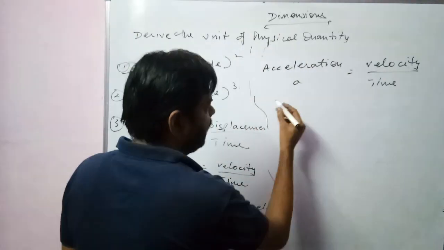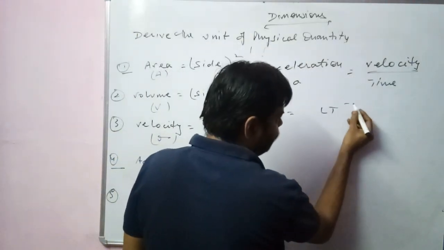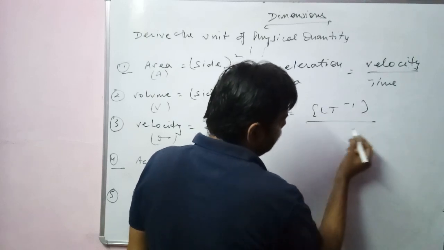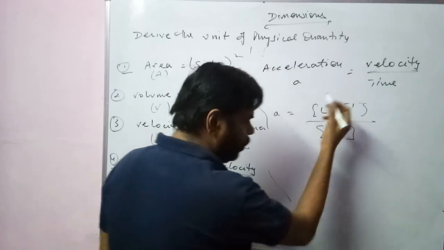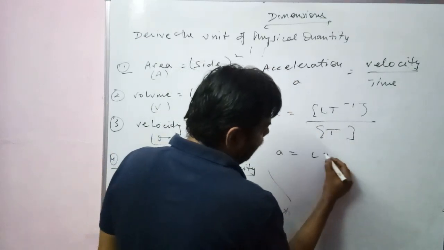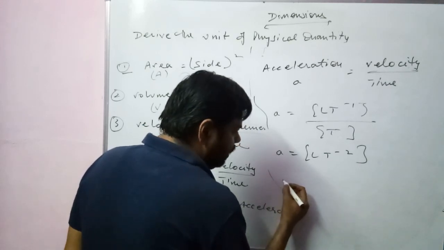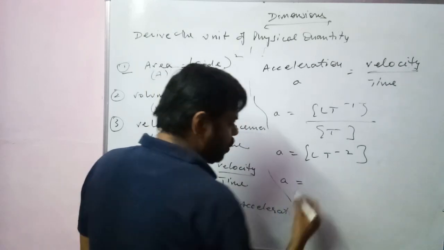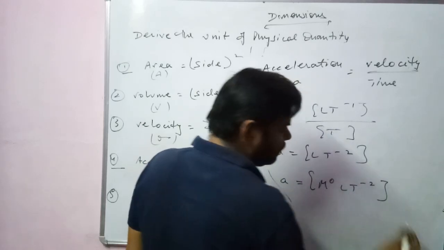We can take a shortcut. The dimensional formula for velocity is LT minus 1. The dimensional formula for time is T. On solving it, we get LT minus 2. Whenever we have to make a generalization, acceleration is written as M0 LT minus 2.